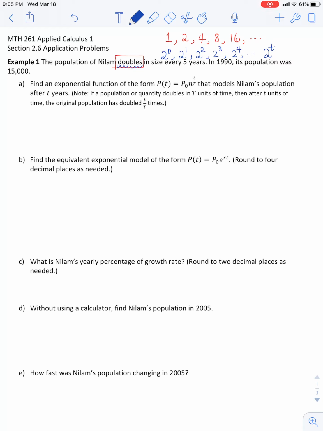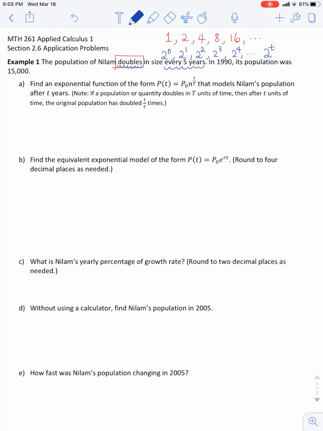But say that it was the word triple, then your base is not going to be 2 but more like 3 to the t power, and so on. You see what I mean? I just wanted to talk about how the base is going to be 2 here, and it's not doubling every year, but it's doubling every 5 years, right?